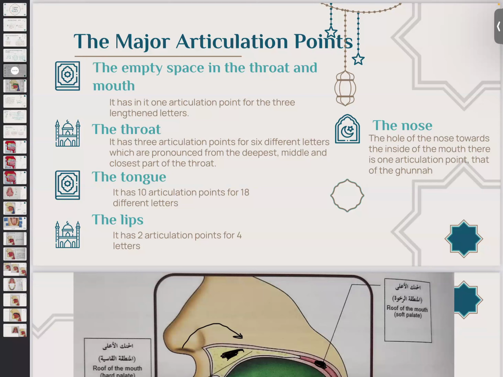So from the back, the deepest part of the tongue, we have 2 letters, qaf and kaf. And qaf comes when the tongue touches the soft palate, and kaf, the tongue touches the hard upper palate. And then from the middle part of the tongue comes the sound of ya, shin, and jim.